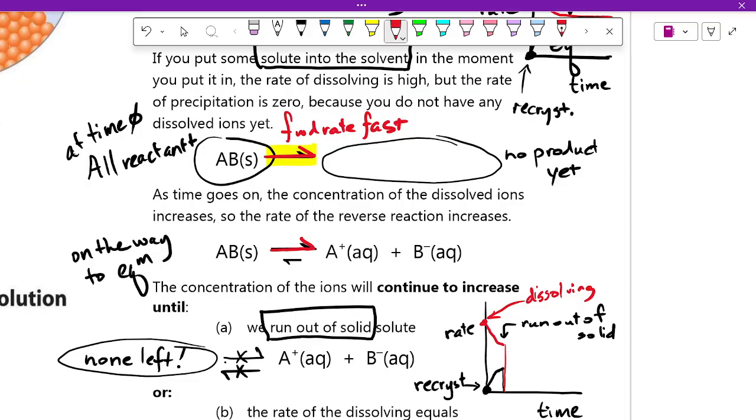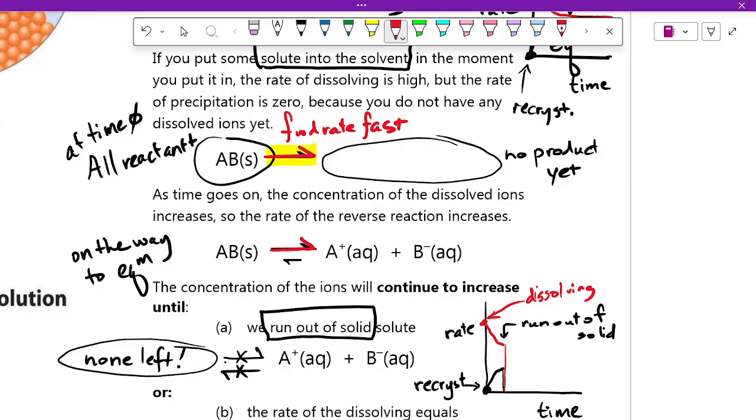We don't have very much, so it's not going to be meaningful. It's essentially zero. And same thing with the forward rate. Every time one recrystallizes, one comes apart again, but both are so close to zero as to make no difference. Okay.